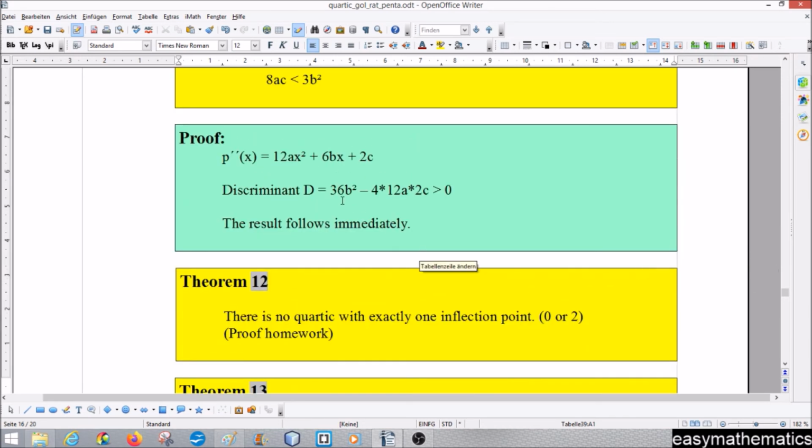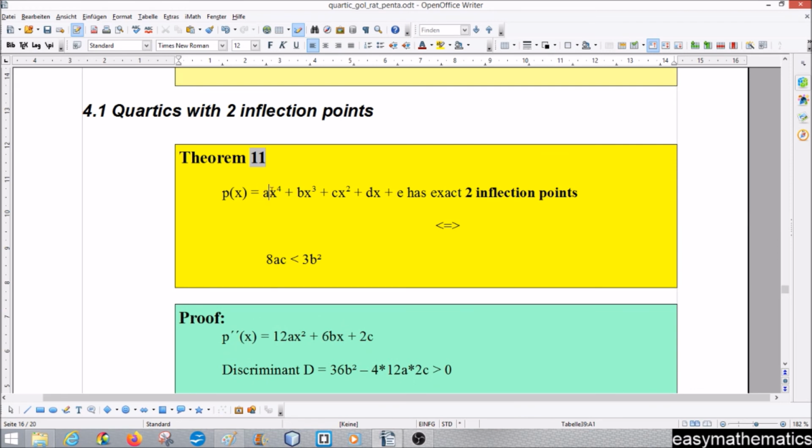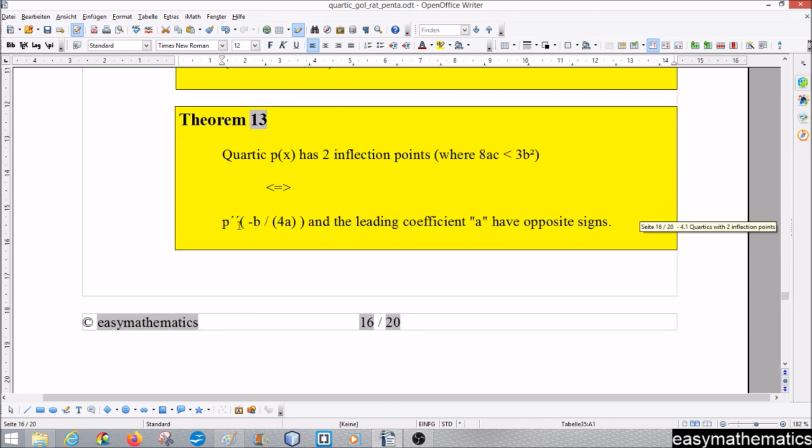So the leading coefficient a is this one, okay? And the second derivative evaluated at minus b over 4a, this value and this value, they have opposite signs, and then if and only if there are two inflection points. This is a very nice property in my opinion.